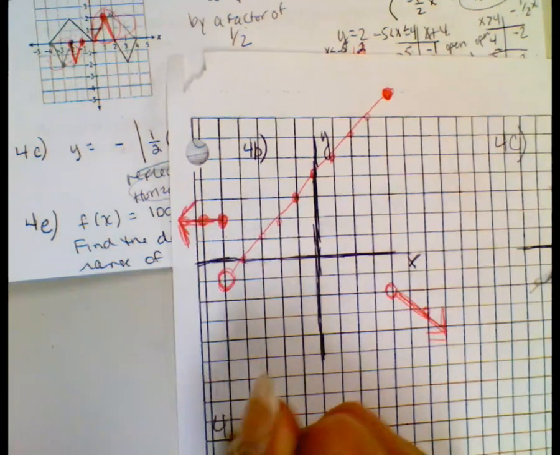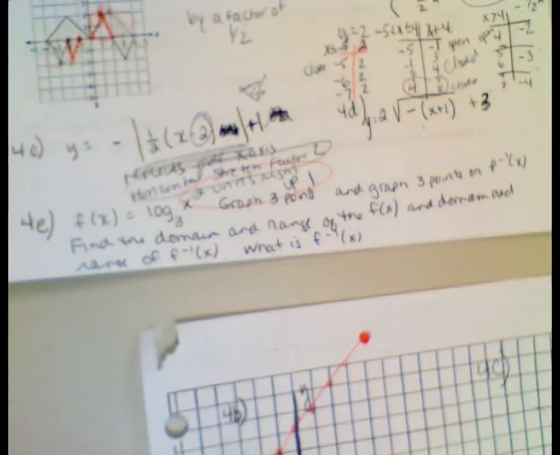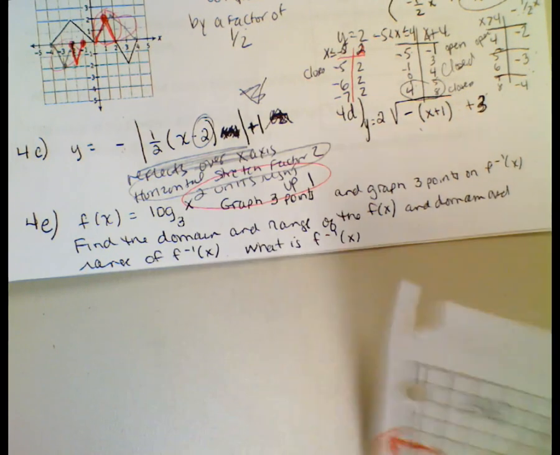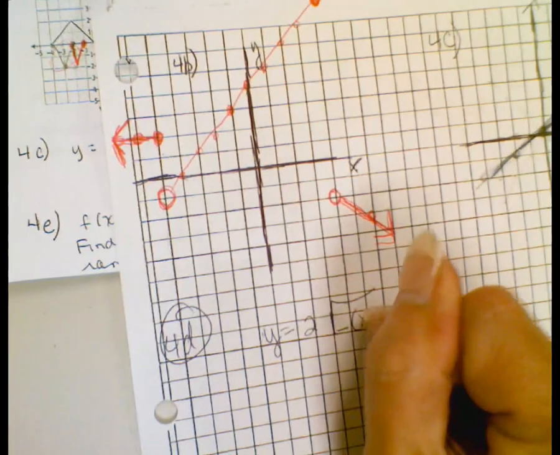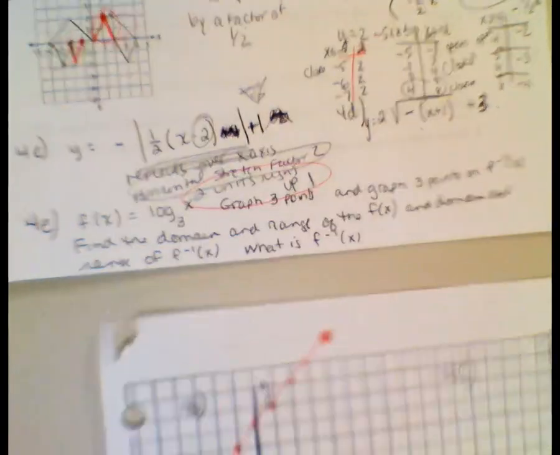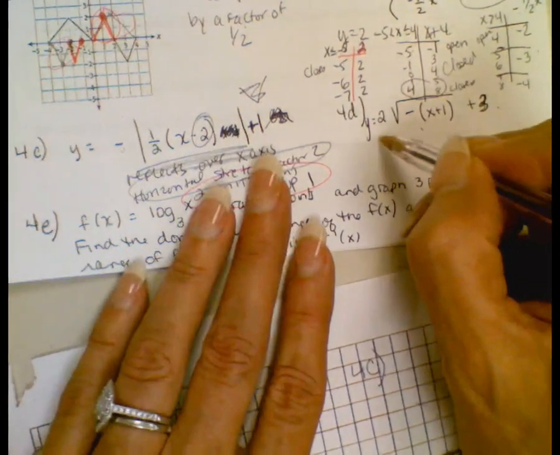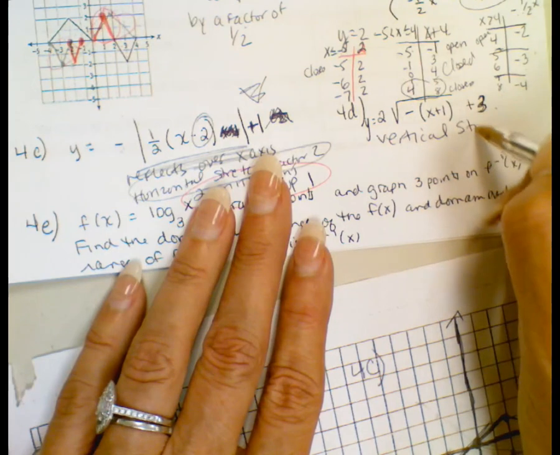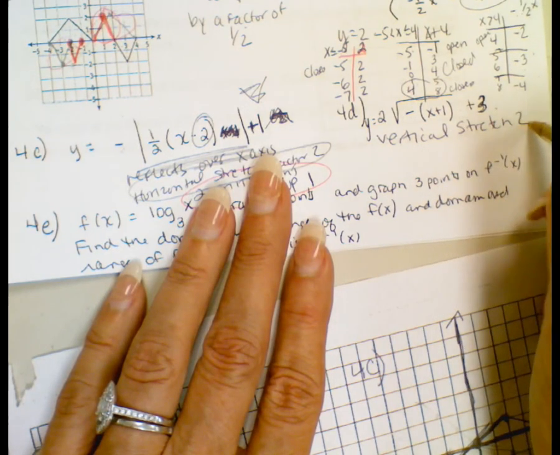So now 4D is y equals 2 square root of negative x plus 1 plus 3. So in words, this is a vertical stretch by a factor of 2.